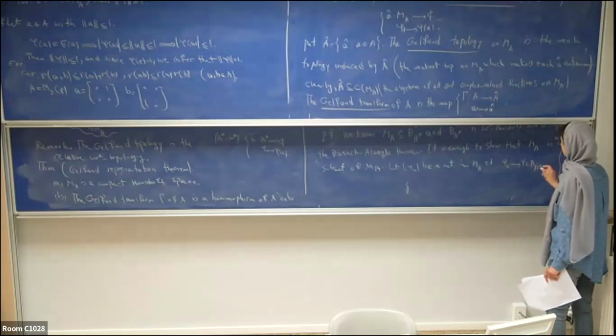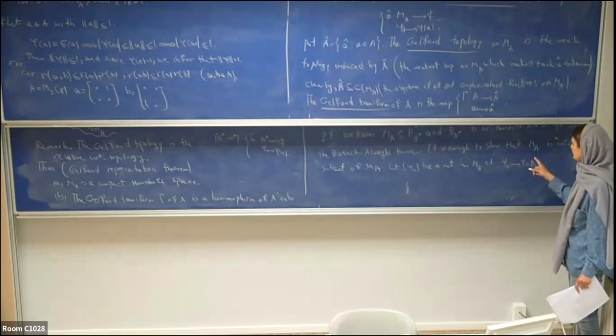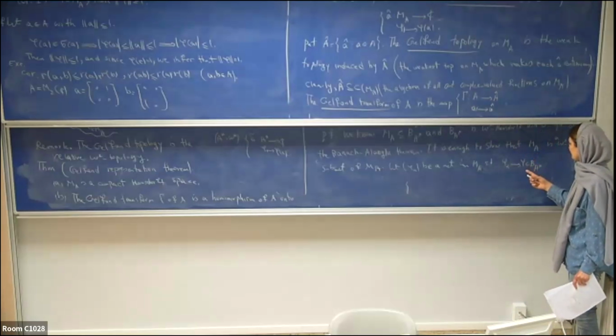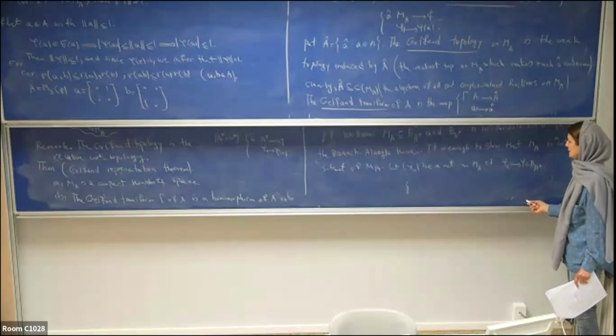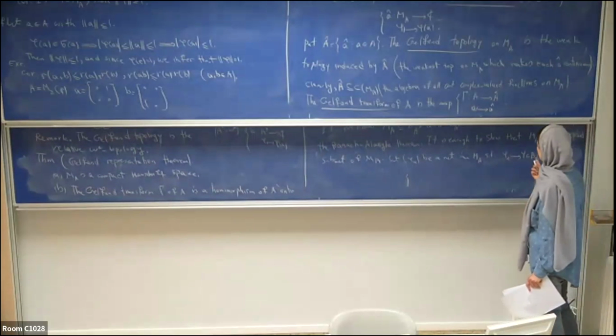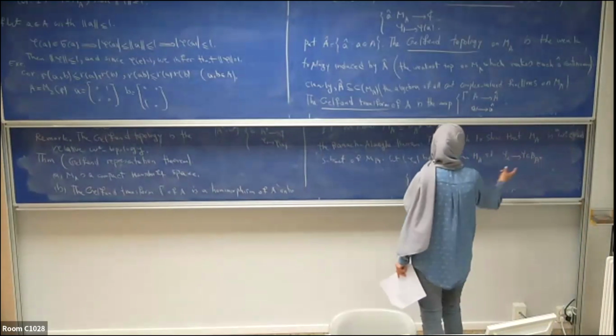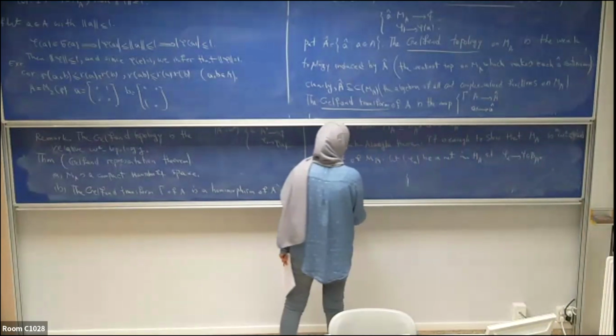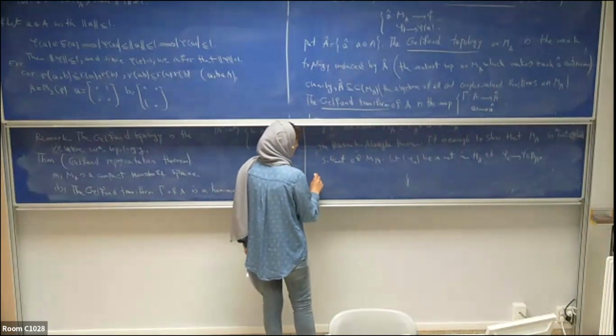We need to show that phi is in M of A, and for this purpose, it's enough to show that phi preserves multiplication, because linearity is clear, so we just need that multiplication is preserved.